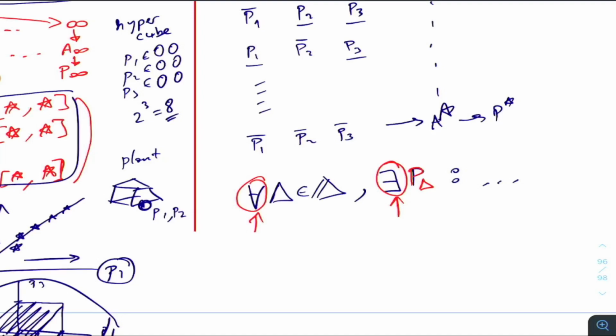This is a good subject actually. For example, you see that kind of notation in theorems.